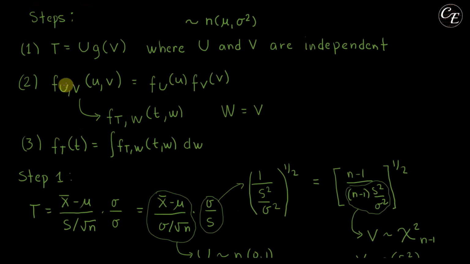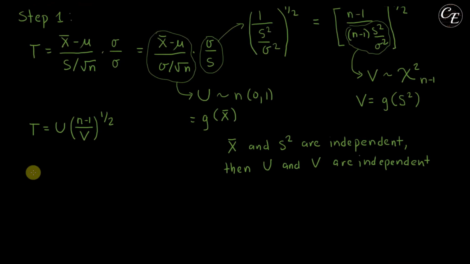And then for the step 2, we can have a joint PDF for U and V. And since they are independent to each other, then it is equal to the product of their individual PDFs.